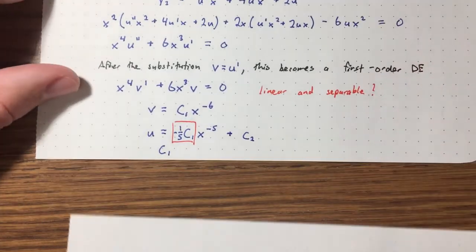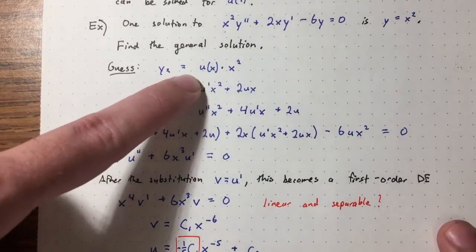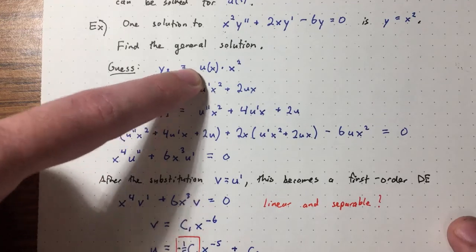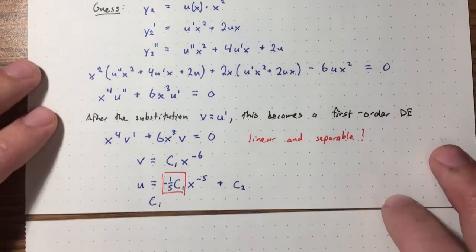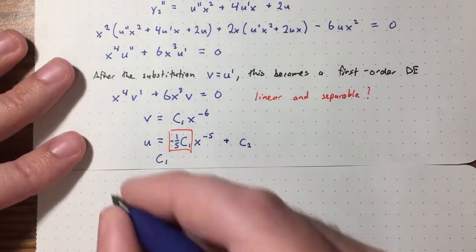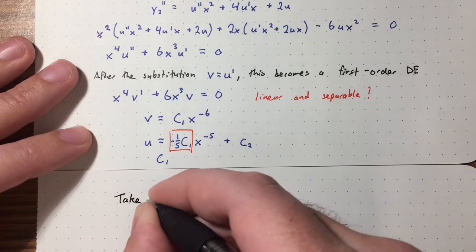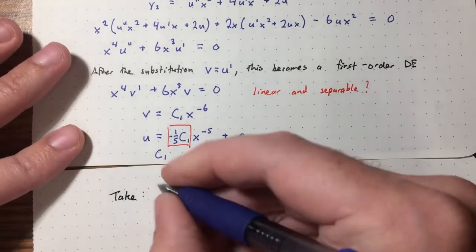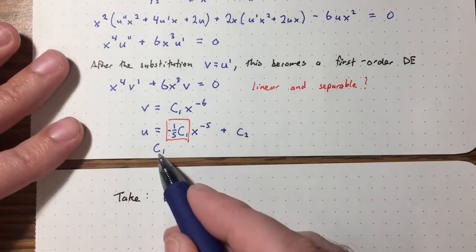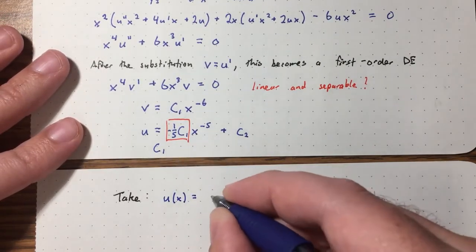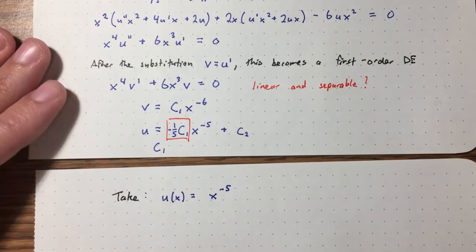Again, we just want to find some non-constant function u. We actually found a bunch of them, so let's just take one of them. Let's take u to be the simplest one: c1 should be 1, so we just get x to the negative 5. And c2 we might as well take to be 0.